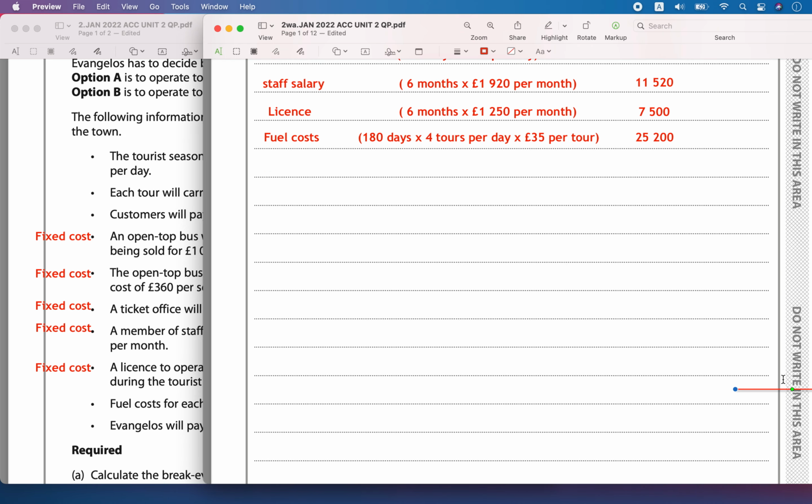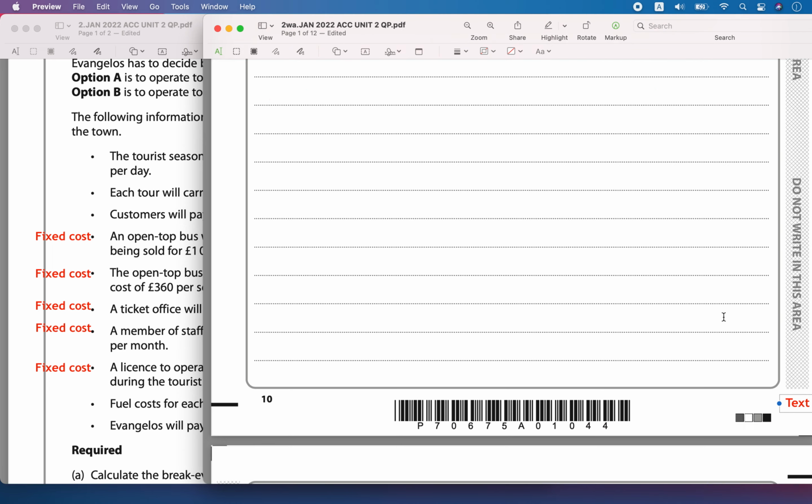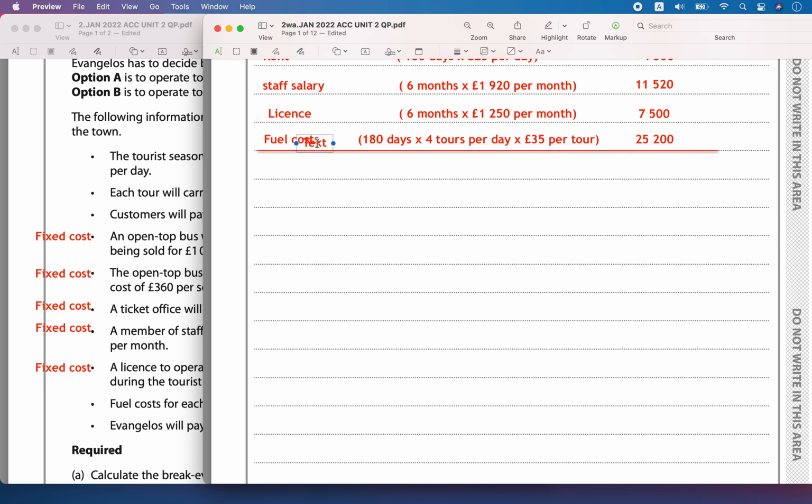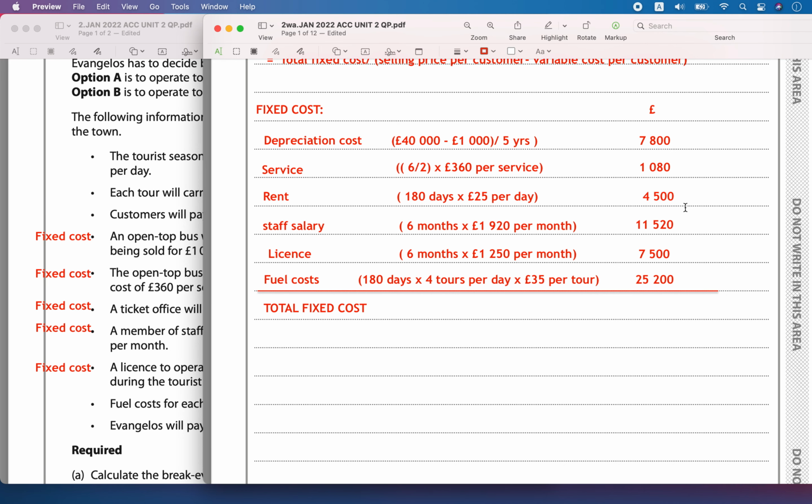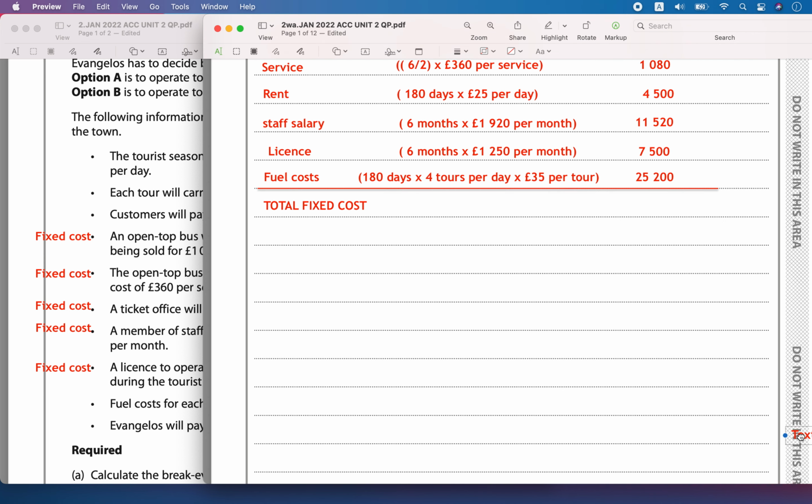Now let's add up and get the total fixed cost. So the total fixed cost is 7,800 plus 1080 plus 4,500 plus 11,520 plus 7,500 plus 25,200, it is 57,600 pounds.